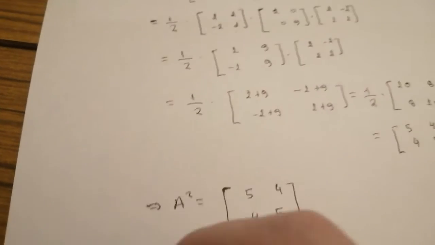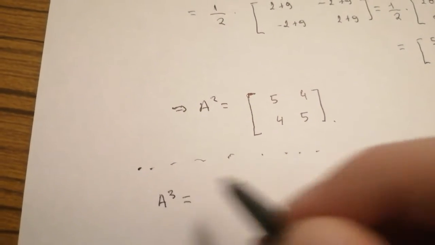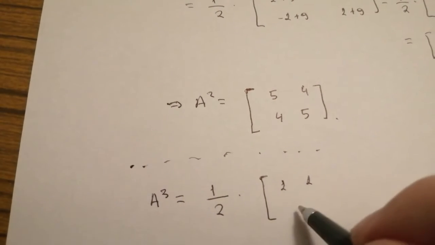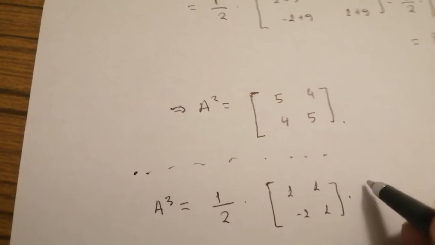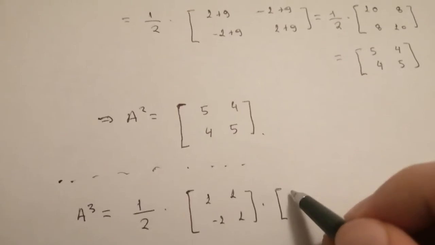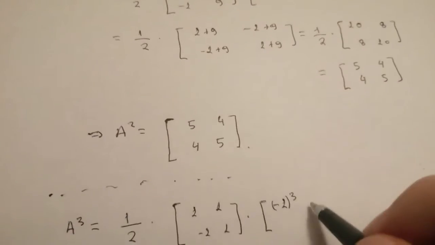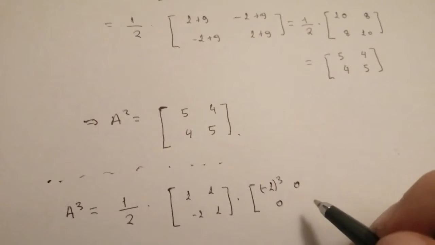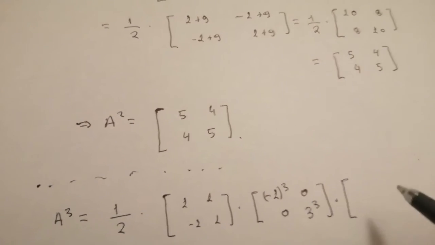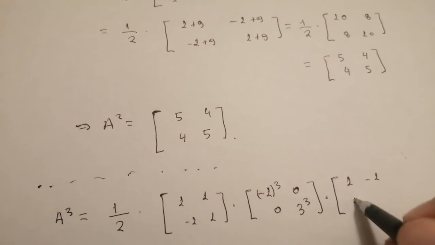Now we can do A to the power of 3. So it should be 1 over 2 times [1, 1; minus 1, 1] times [minus 1 to the third power, 0; 0, 3 to the power of 3] times [1, minus 1; 1, 1].